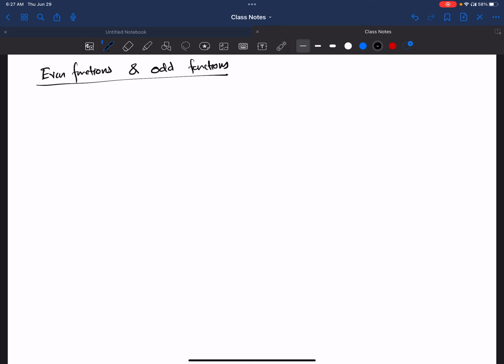If you have a function of x, and we can write f of negative x equals f of x, that's called an even function. And if you have f of negative x equals negative f of x, that's an odd function.